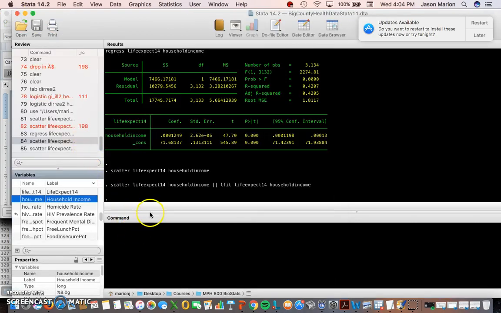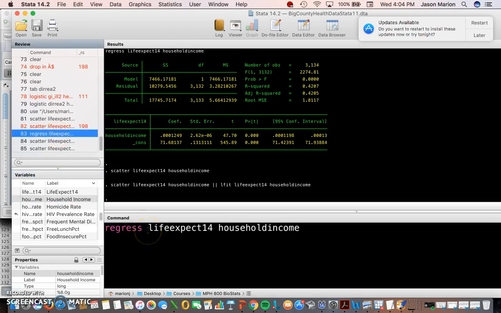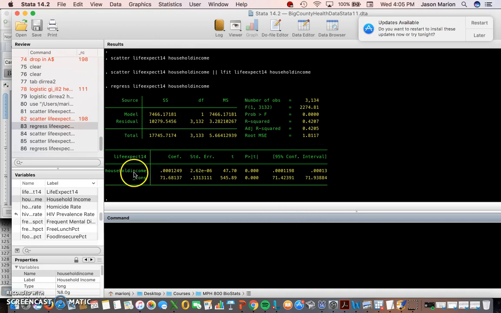There is a way of seeing what the slope of that line is. I can type in the command regress life expectancy household income, and it'll get me the slope of that line, which would be y equals mx plus b. You may remember the formula y equals mx plus b from your geometry class or basic college algebra.